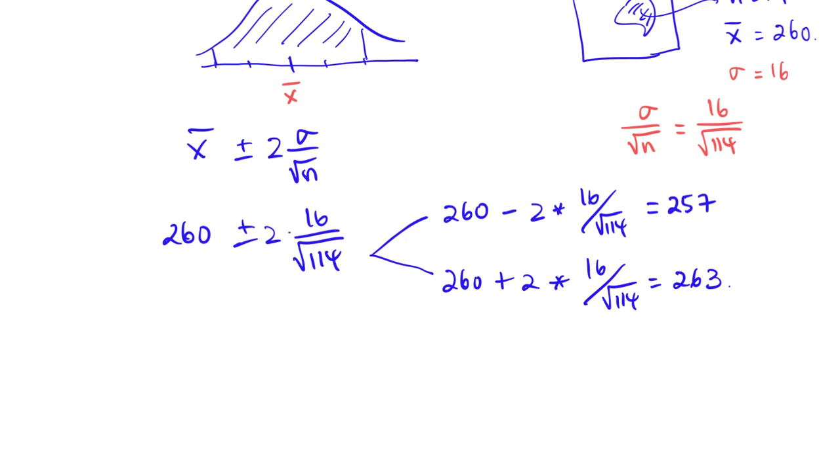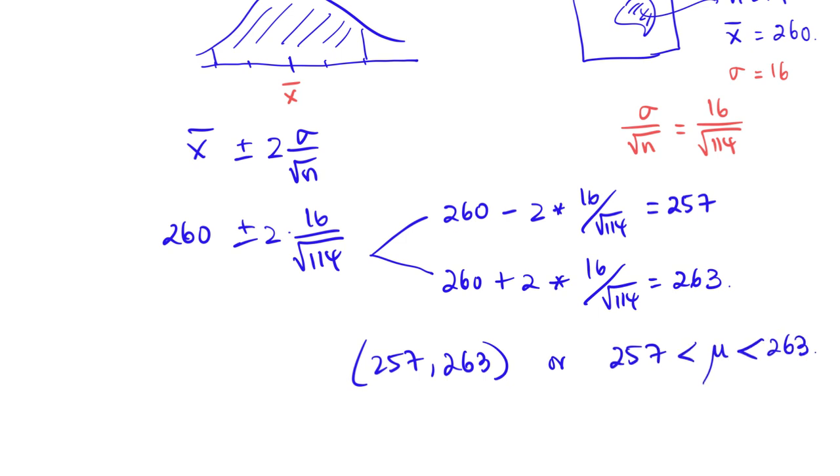We would say that the 95% confidence interval for the mean pregnancy length is 257, 263, or 257 less than mu less than 263.